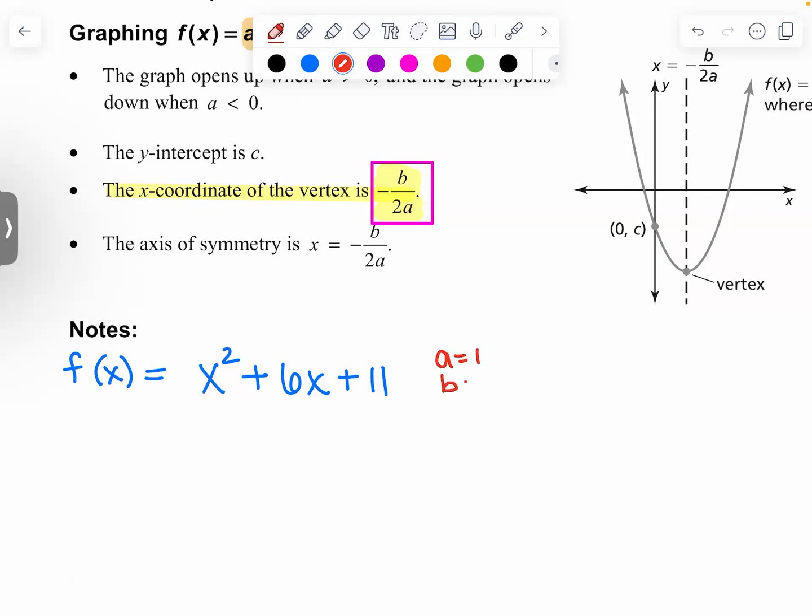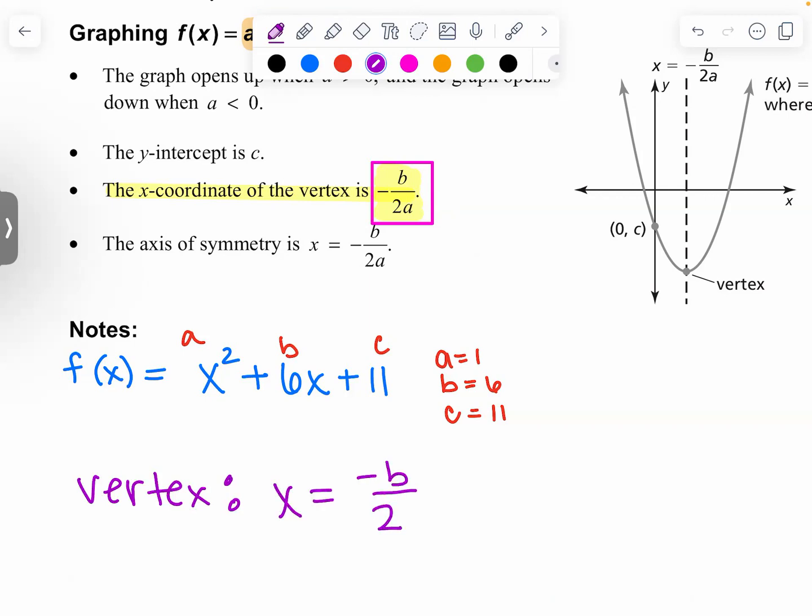What is B? I would say B is 6 and C is 11. A, B, C. So if we go to find our vertex, we know that the x coordinate of our vertex is negative b over 2a. So if we take our numbers here, what would the x coordinate of our vertex be?